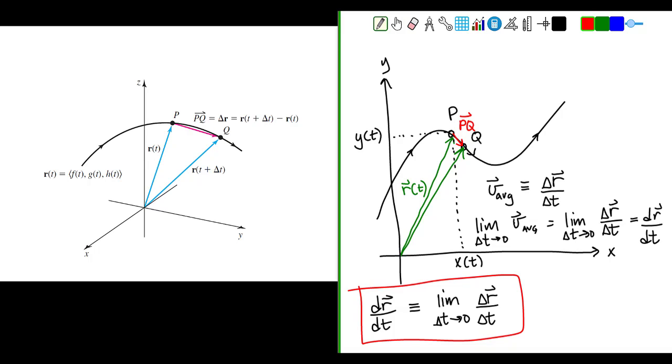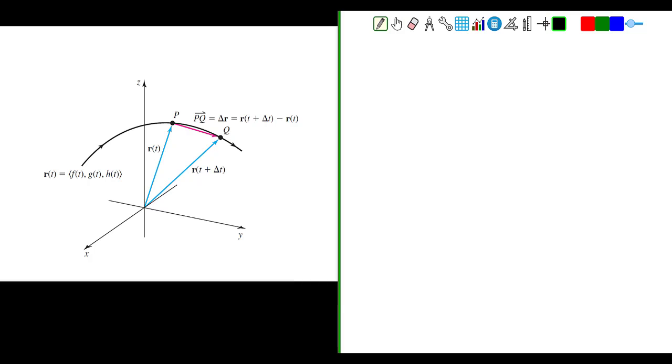Let's take a look at that. The derivative of a vector function is found by just taking the derivative of the components of that vector function. So a vector function has components that are functions.